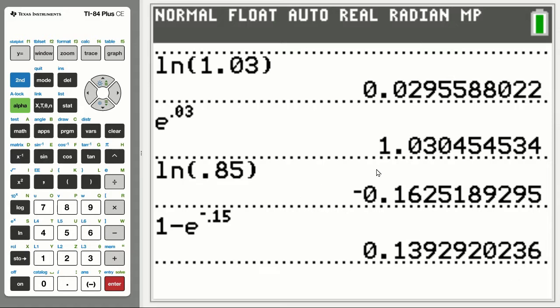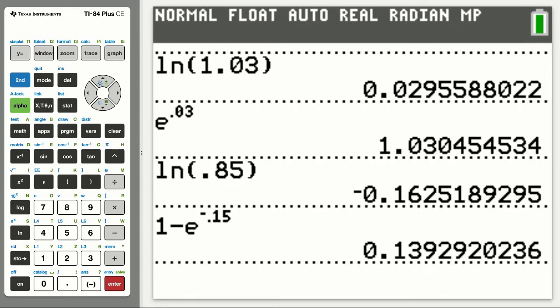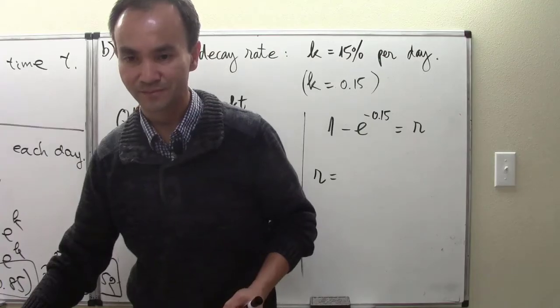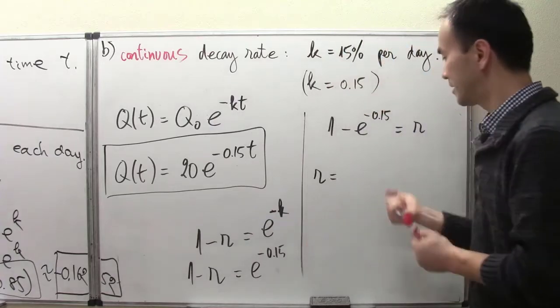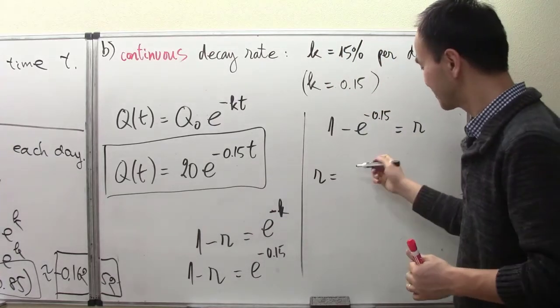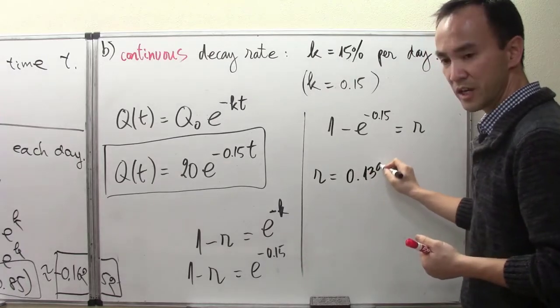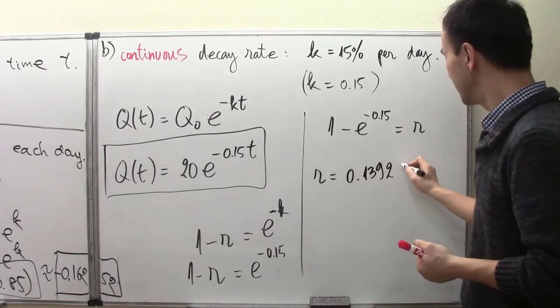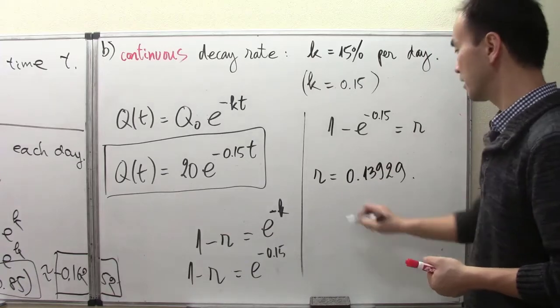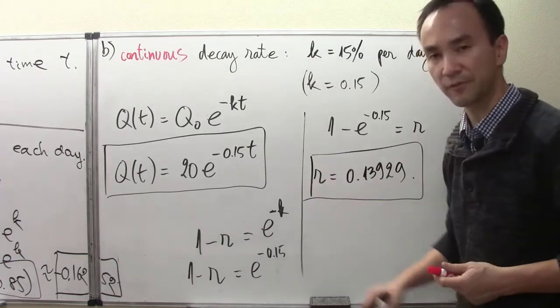And so now I'm going to write it down in about 5 decimals. All right, so R equals 0.13929. That's a lot longer, of course, but that's about good enough for us here.